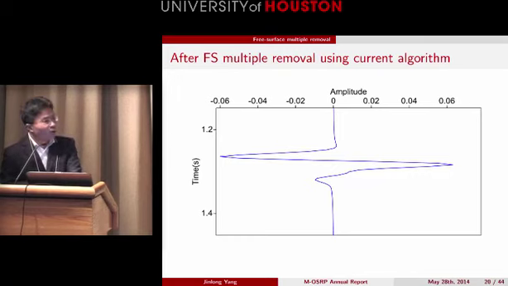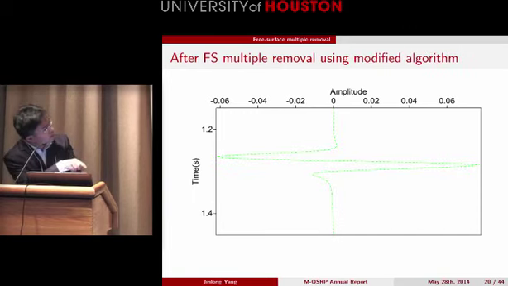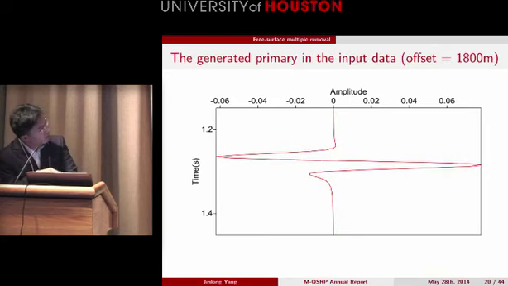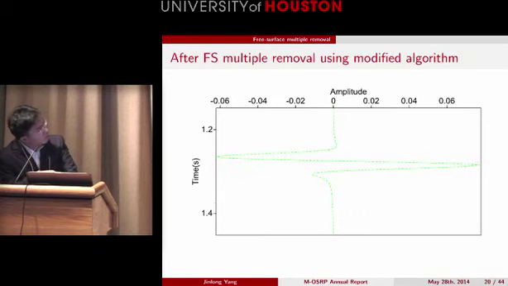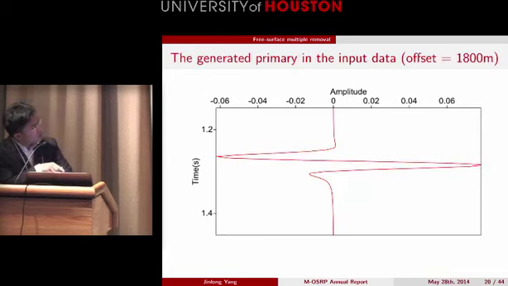Next, if we use the modified algorithm, this is the result. And also, we compare this one with the generated primary. This is the generated primary. This is after free surface multiples removed using the modified algorithm. You can see there is no difference.